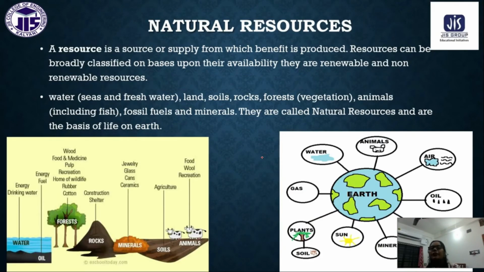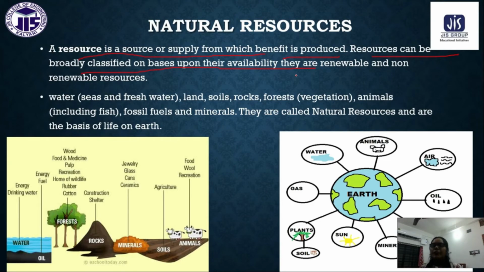So this is called sustainable development. Okay, now we will discuss some of the natural resources. Natural resources means whatever resource is a source of supply from which benefit is produced. Resources can be broadly classified based on availability. Generally, they are renewable resources and non-renewable resources. Renewable resources are the resources which can be used again and again.